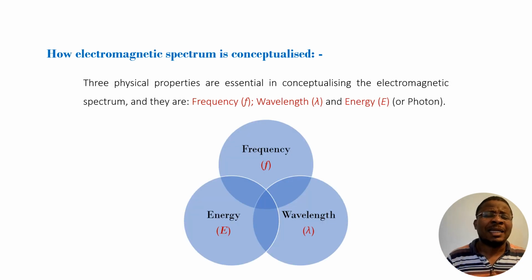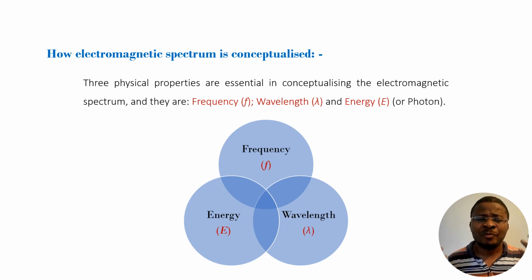How is electromagnetic spectrum conceptualized? Three physical properties are essential in conceptualizing electromagnetic spectrum, and they are frequency, wavelength, and energy or photon.